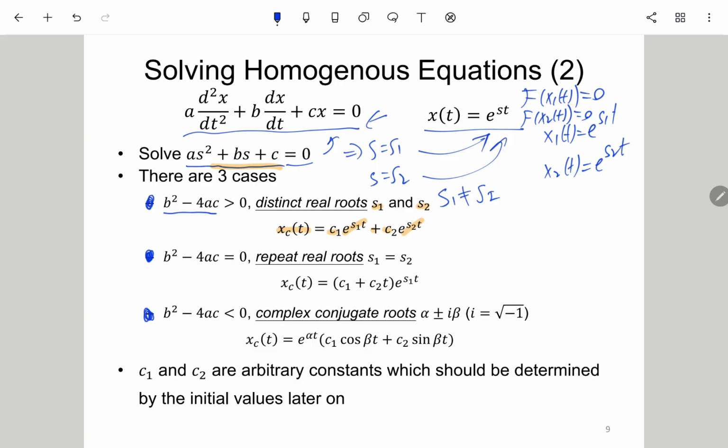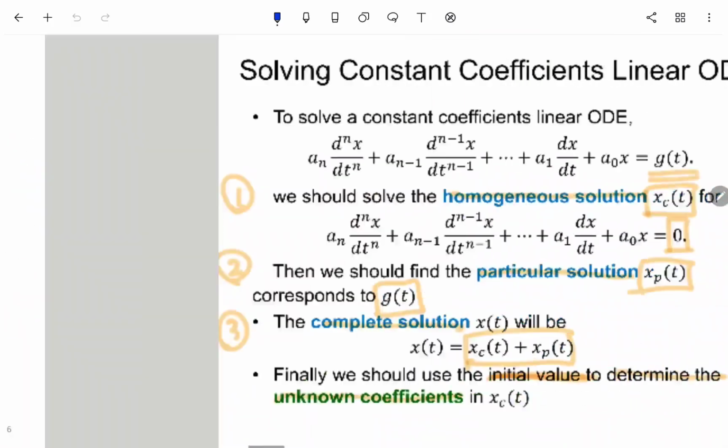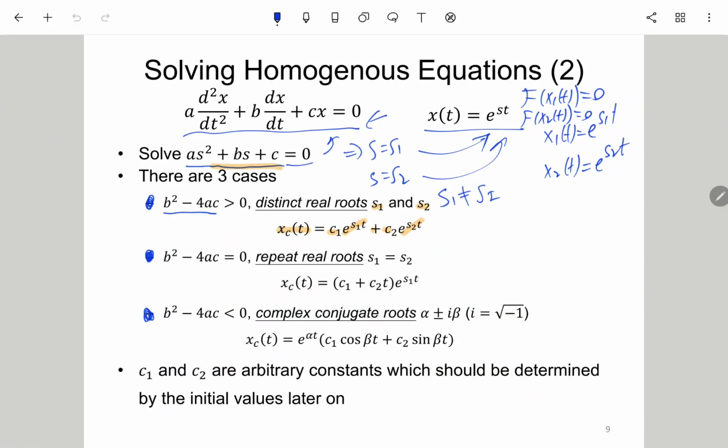And then according to the linear property, just as I mentioned, f of this combination, which is called the homogeneous equation solution, or sometimes the complementary solution, will be c1 times this one plus c2 times this one, which is c1 times 0 plus c2 times 0, which will be 0.